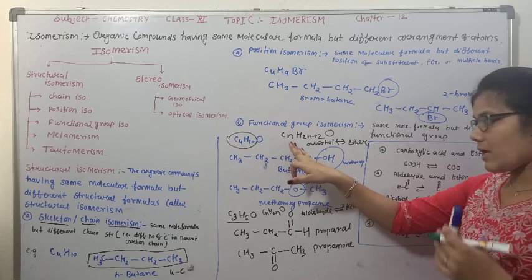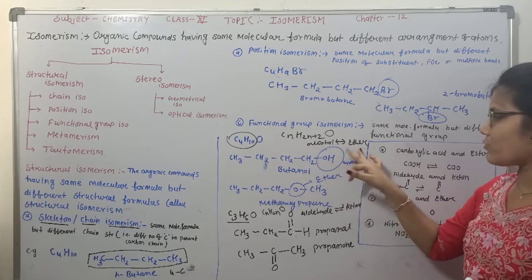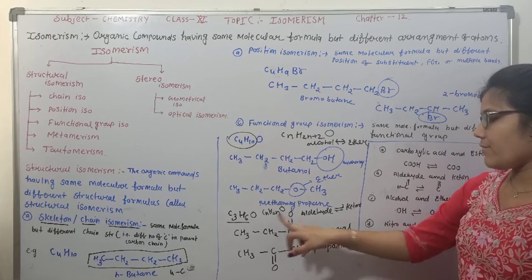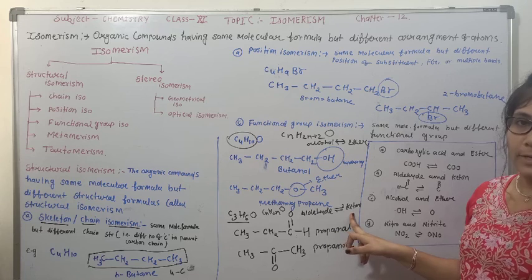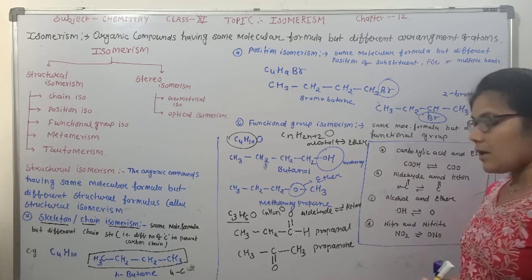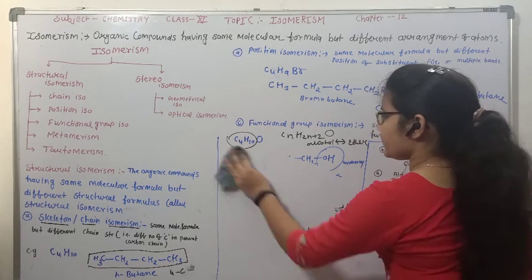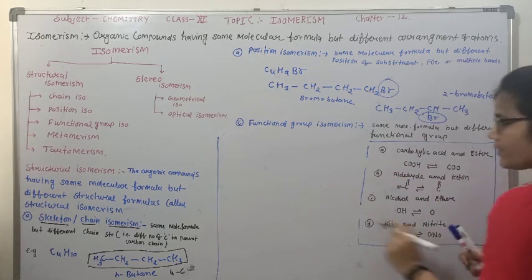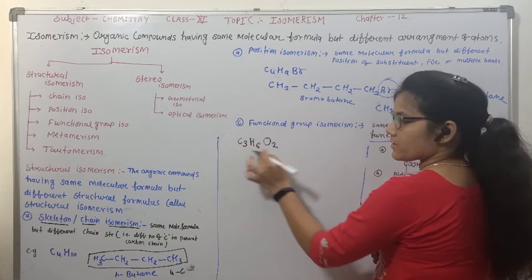If you have alkane plus O, that is alcohol and its functional group isomer is ether. If we have alkene plus O, then we have to open it as aldehyde, whose functional group isomer is ketone. Similarly, if we have alkene plus O2, for example C3H6O2, this is what?